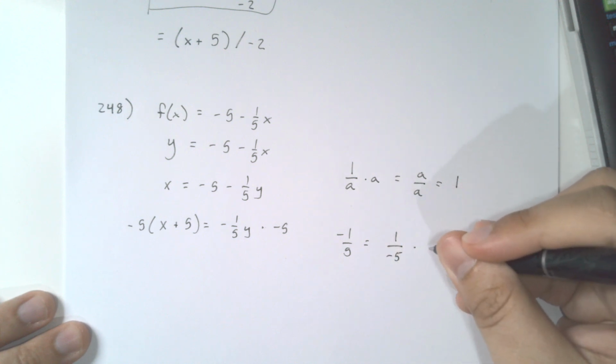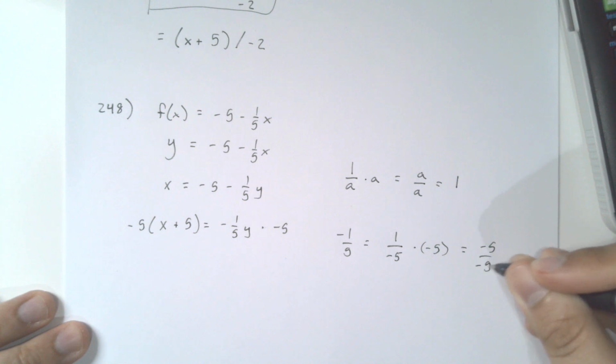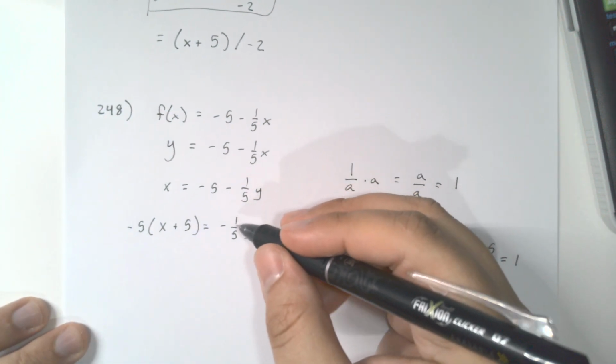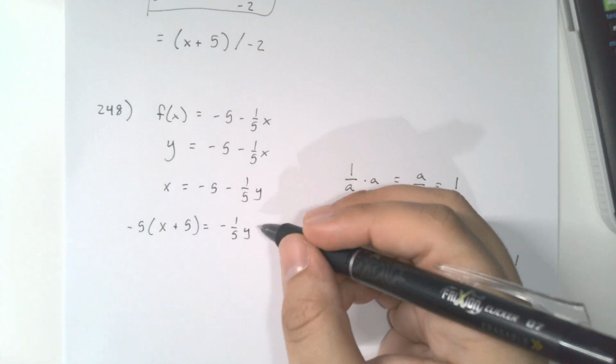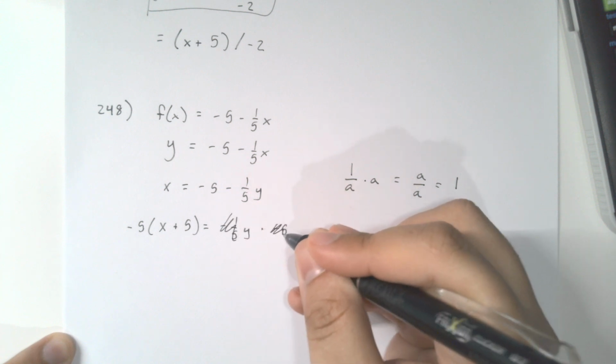And when we multiply by, again, negative 5, that gives us negative 5 over negative 5, which is equal to 1, which is what we want to do. That's how we want to get a coefficient of 1y here. So by multiplying by negative 5 on both sides, this goes away.